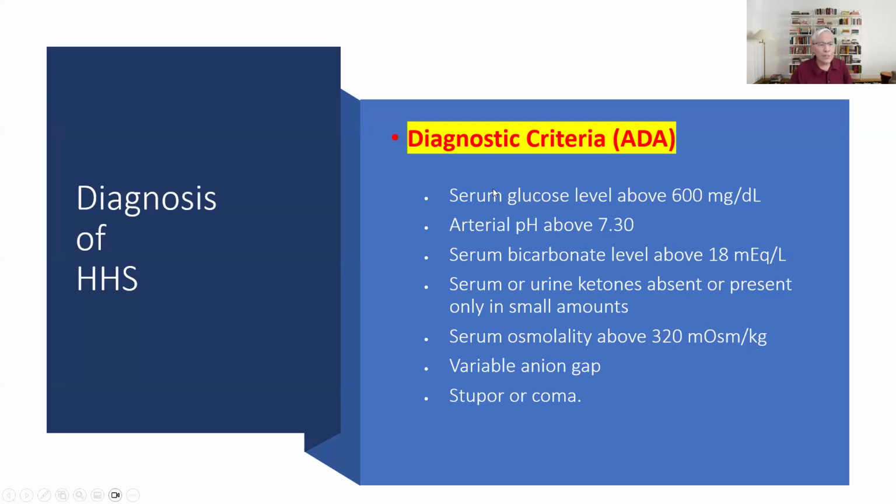So again, there has got to be a serum glucose level above 600 milligrams per deciliter. And then, of course, we have to have our acidosis.